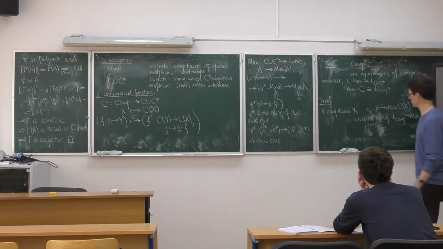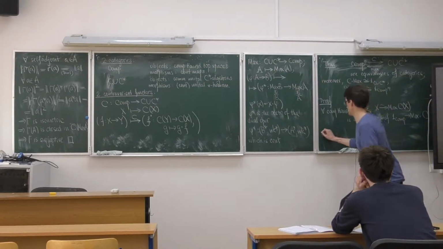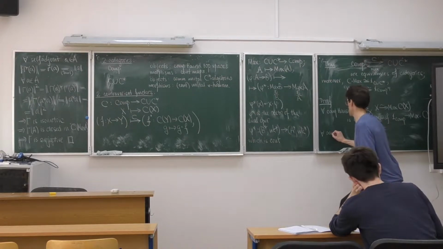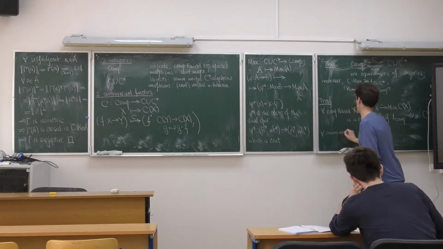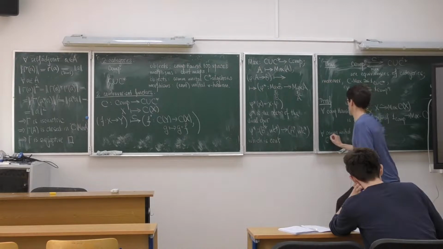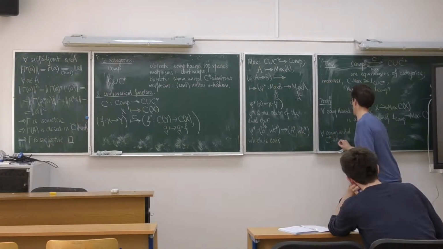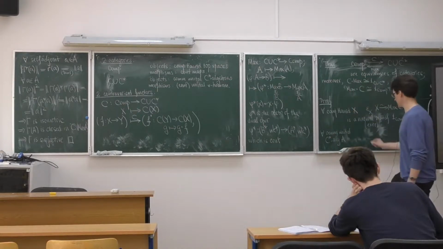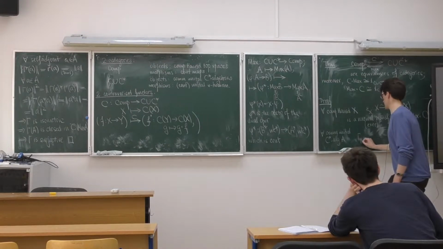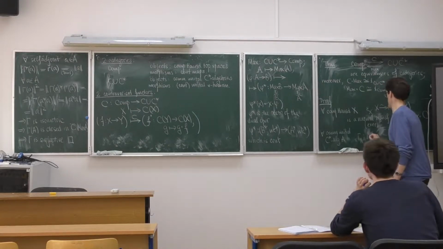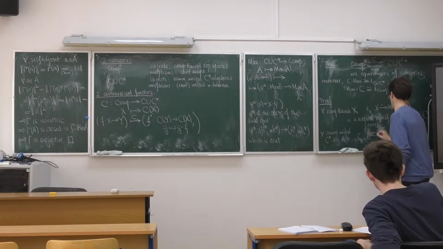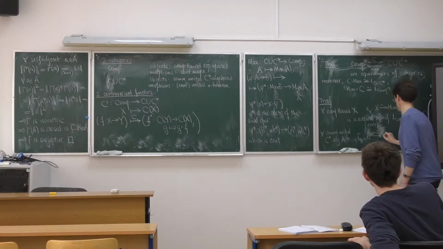And the other way around, if we start with a commutative unital C-star algebra, for each commutative unital C-star algebra A, we have the Gelfand transform, gamma A, and we already know that this is an isometric star isomorphism.